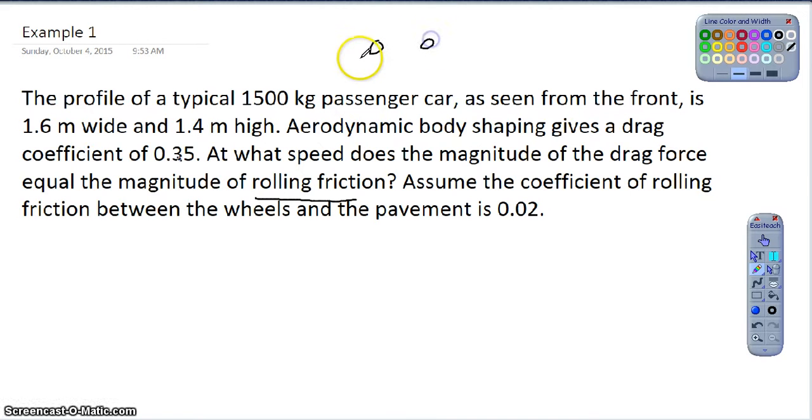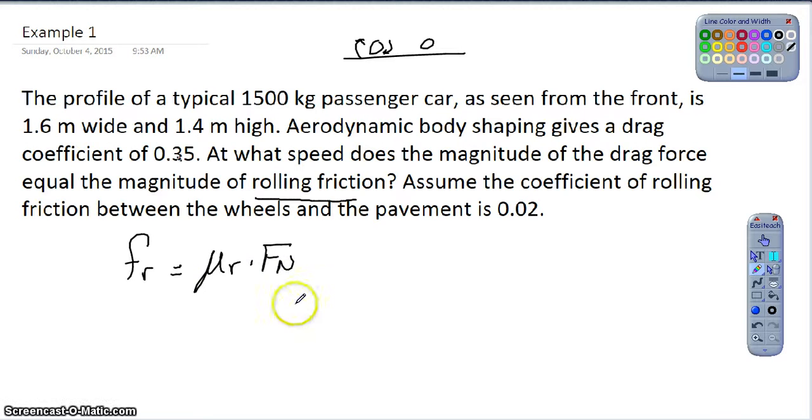If you have a wheel, or wheels rolling across a surface, then it actually does not have the same amount of friction as a block being pushed across a surface. So if you ever see rolling friction referred to, we calculate it the same way we normally would. My force formula for rolling friction, I'll call that F sub r, is still just my coefficient of rolling friction times the normal force. So really not a new equation for us to work with, just a different type of friction than we've seen before.